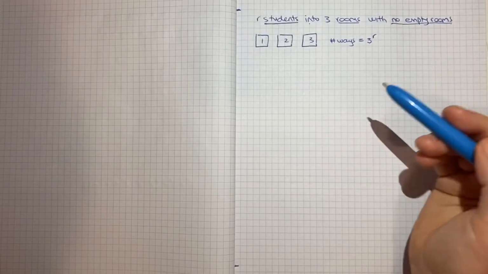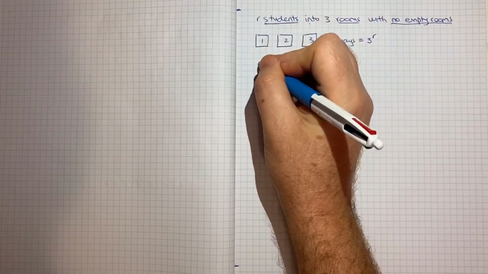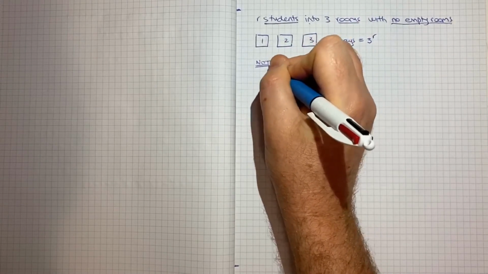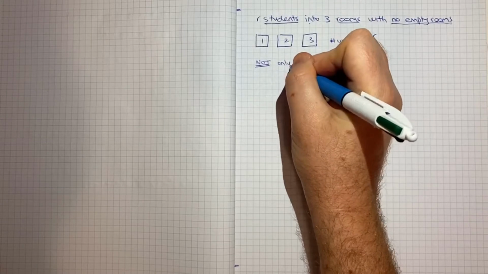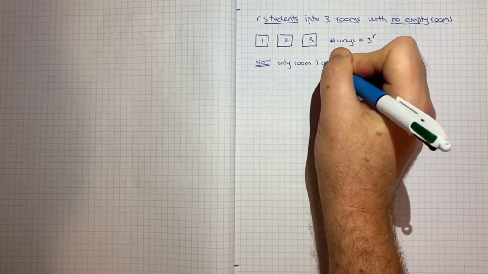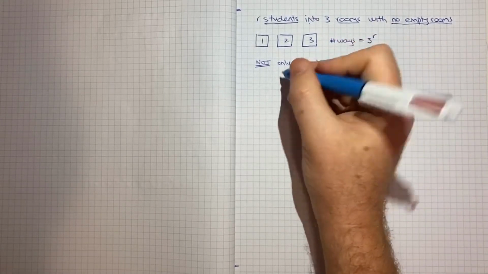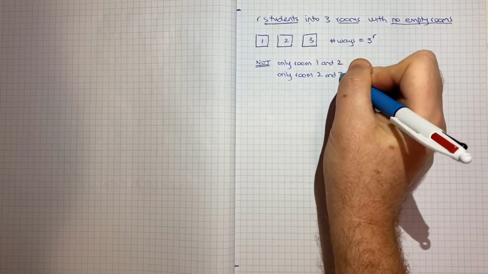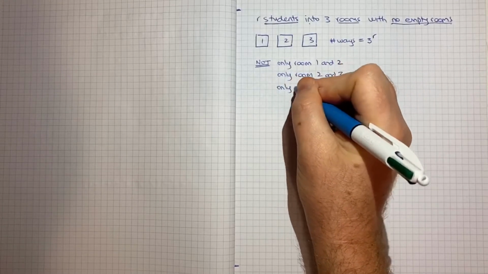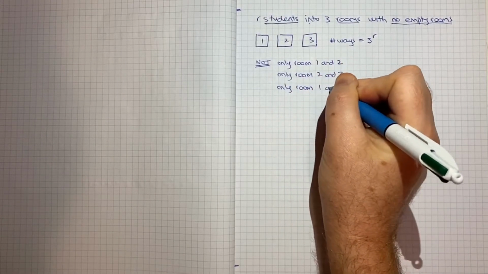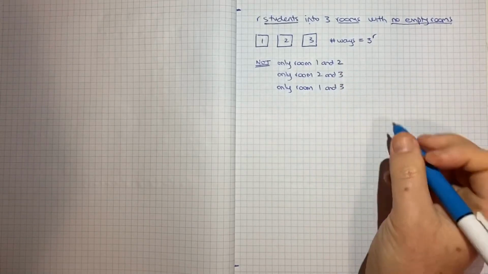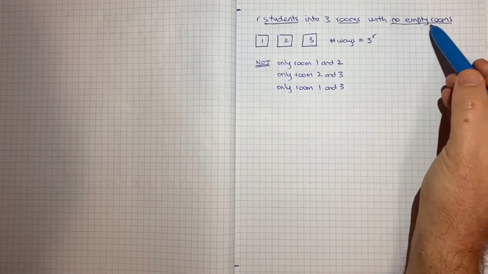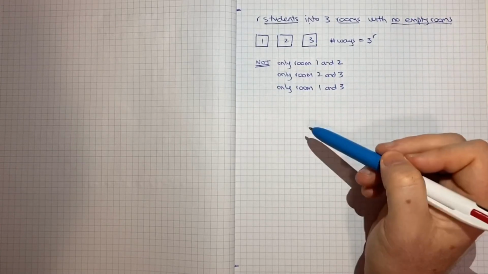So if we want no empty rooms, that's the same as saying that it's not only room 1 and 2, and it's not only room 2 and 3, and it's not only room 1 and 3, obviously. Because if that is what we were doing, then we wouldn't be satisfying this constraint.